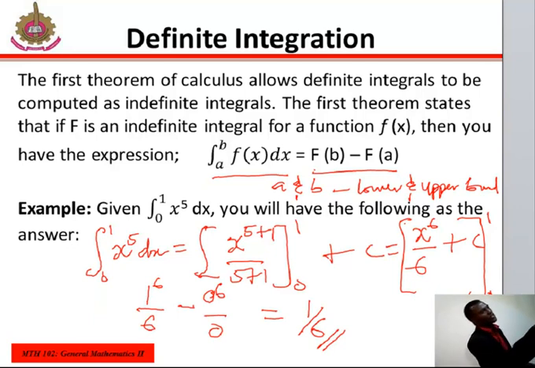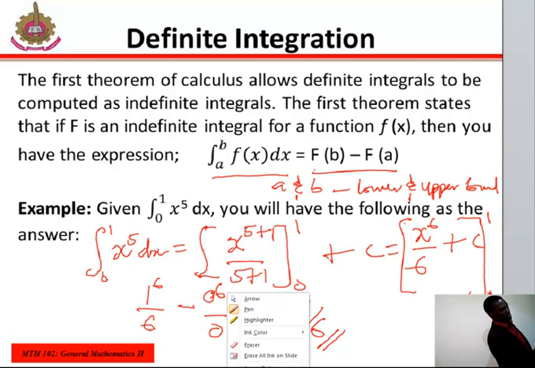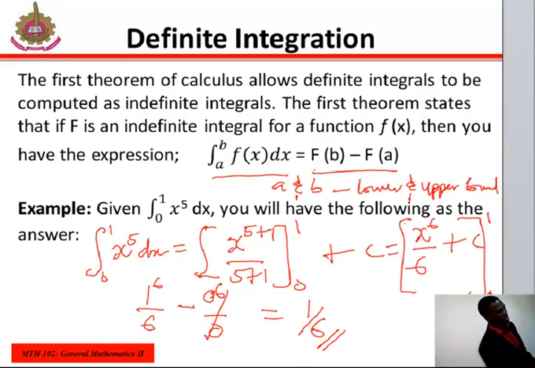Then we subtract the lower boundary, just like what you have on the board: 1 raised to power 6 over 6 minus 0 raised to power 6 over 6. This one will definitely be 0. Then we are going to be left with 1 over 6.